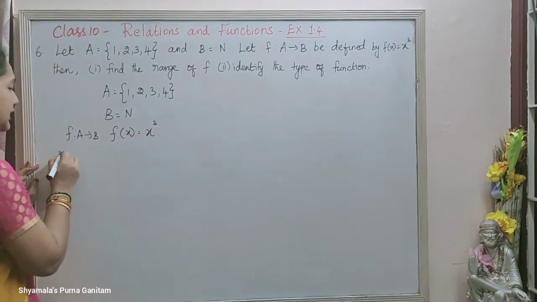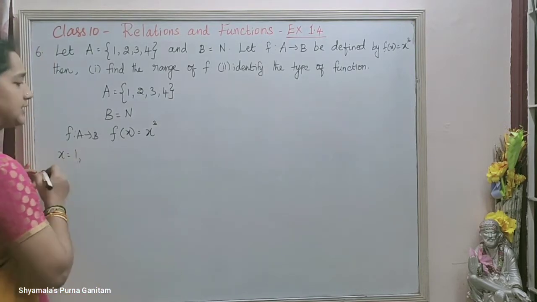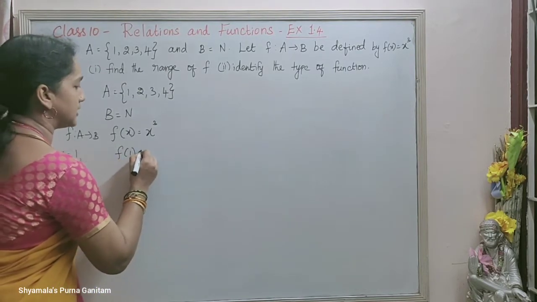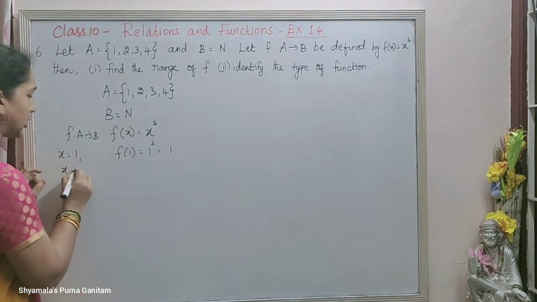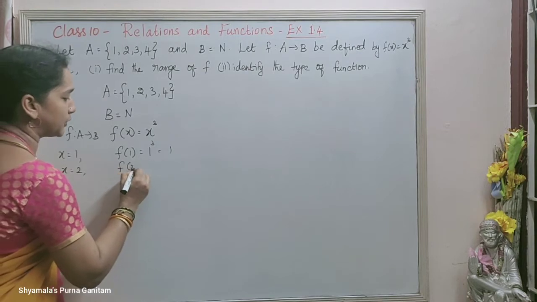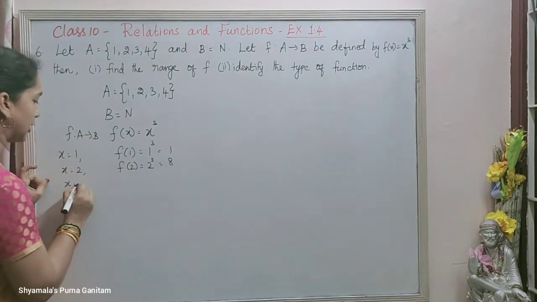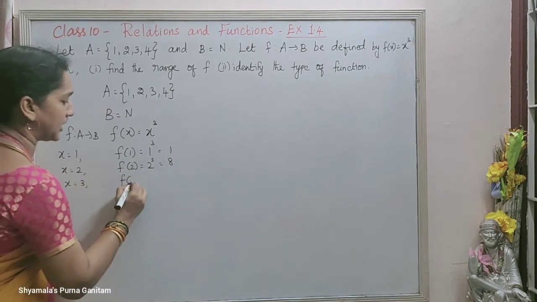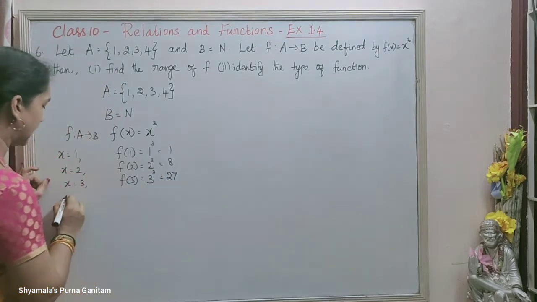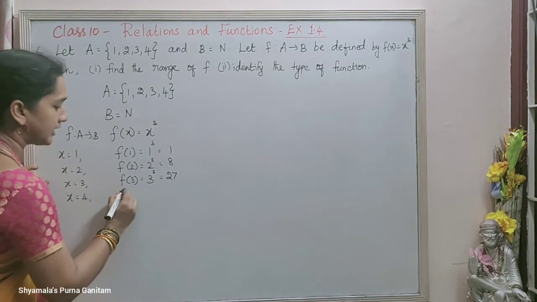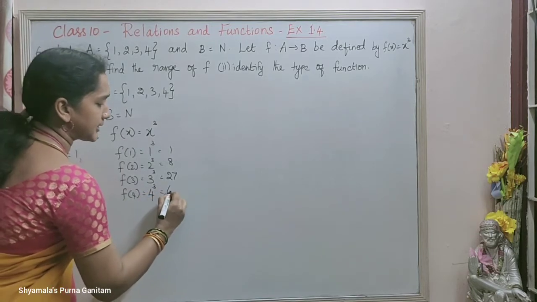If x is equal to 1, f of 1 is equal to 1 cube, that is 1. If x is equal to 2, f of 2 is equal to 2 cube, that is 8. If x is equal to 3, f of 3 is equal to 3 cube, that is 27. Then x is equal to 4, f of 4 is equal to 4 cube, that is 64.